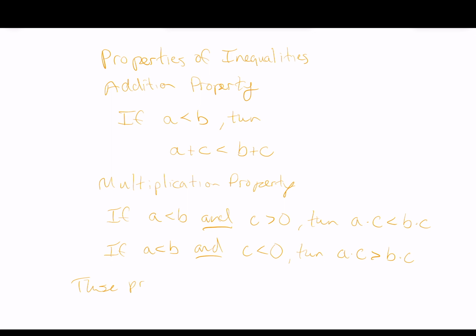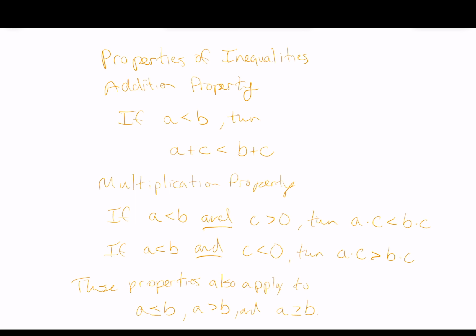These properties also apply to A less than or equal to B, A greater than B, and A greater than or equal to B. So it holds in every case for inequalities.